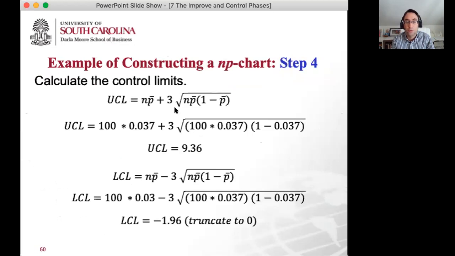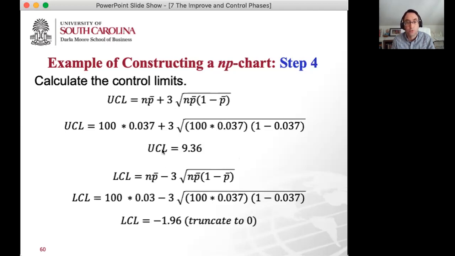So now to calculate upper and lower control limits, it's NP bar, which is that 3.7, plus 3 times the standard deviation. And this nasty part of the formula here is the standard deviation, the square root of NP bar times 1 minus P bar. So we know that NP bar is 3.7, and we know that 1 minus P bar.